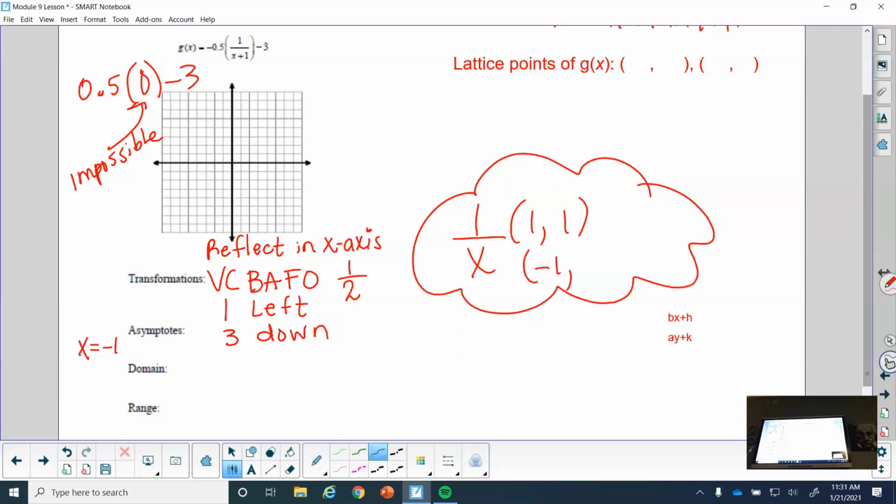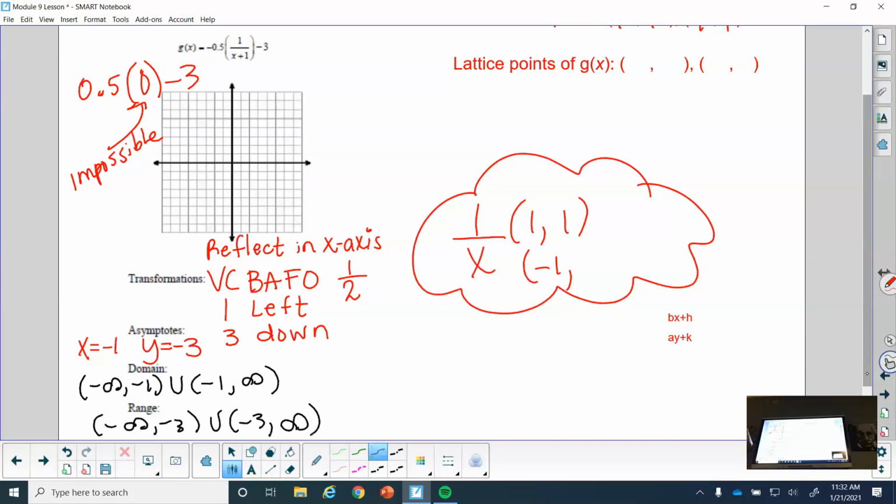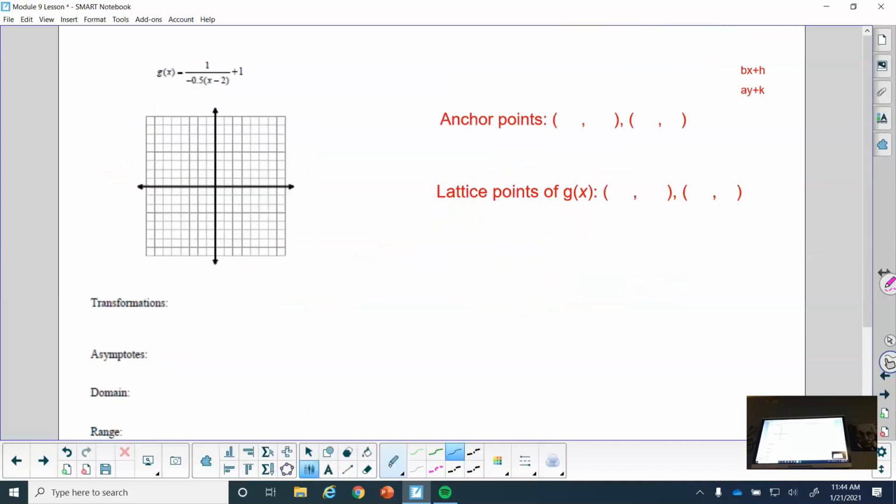So if it is impossible for that fraction to become a 0, then it is impossible to get an output of a -3. Okay, so your asymptotes, real quick.